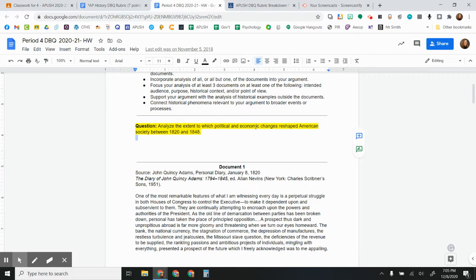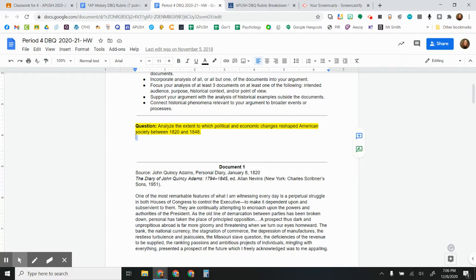For political changes, you could talk about, again, perhaps the effects on slavery, the effects on people's economy when they closed the Bank of the United States, the fact that people were becoming a little bit more polarized in terms of slavery. So, one more time looking at it, political changes, how did they affect society?